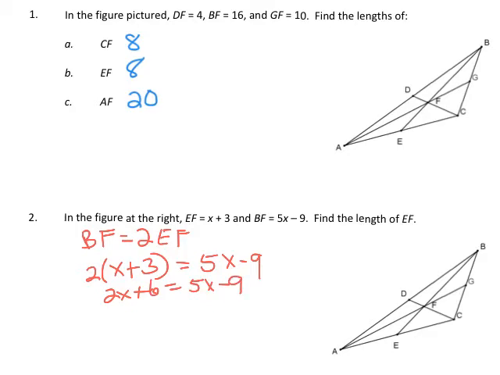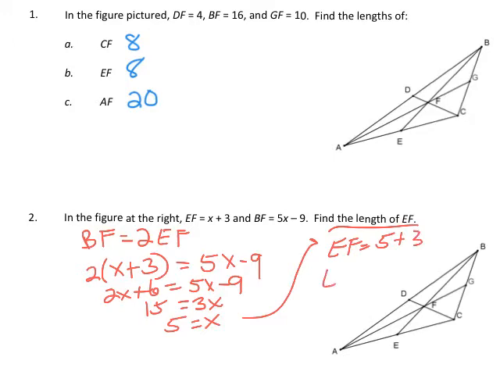If I add 9 to the other side, I get 15. If I subtract 2x, I get 3x. So I end up with x being 5. However, I've got to find the length of EF. EF is x plus 3. So it's going to be 5 plus 3, and EF is equal to 8.